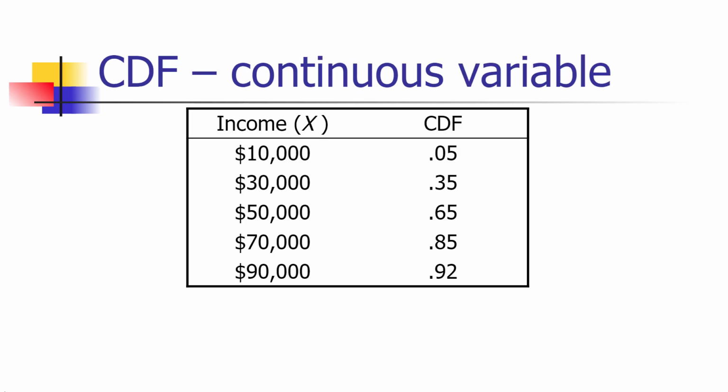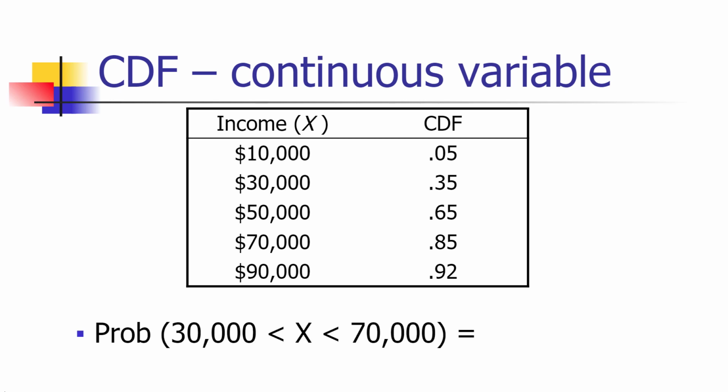Let's take an application. Suppose we have a continuous variable, which is a distribution of income in some population, where 5% of the population earns less than $10,000, 35% earns less than $30,000, and so on down the table. So suppose we wanted to compute the probability that income falls between $30,000 and $70,000.